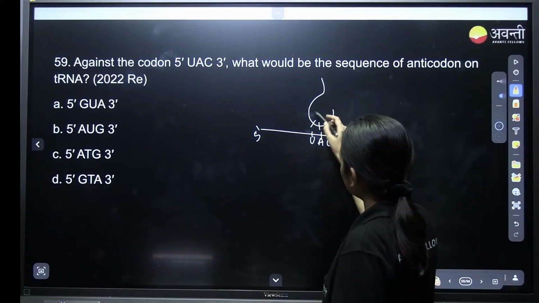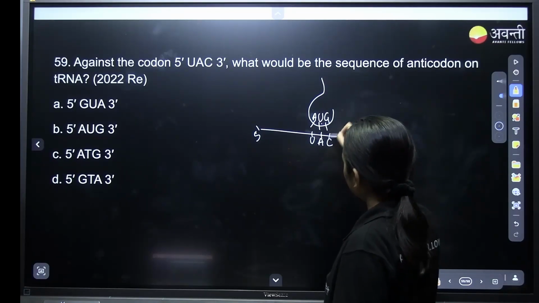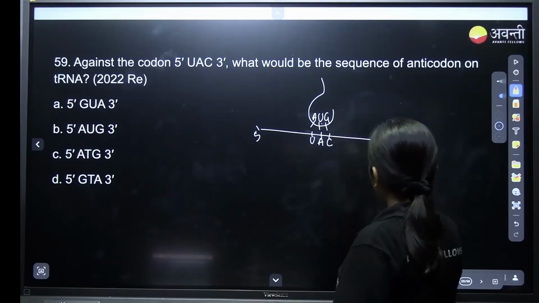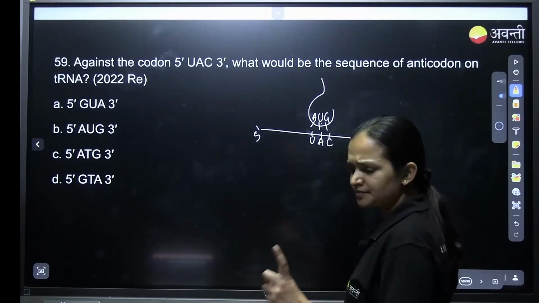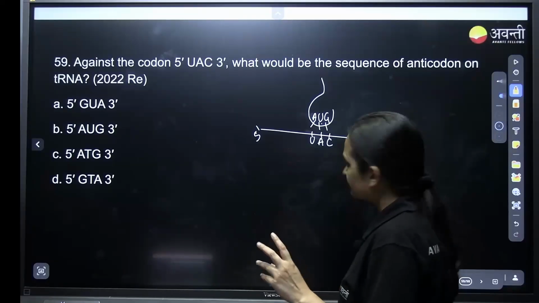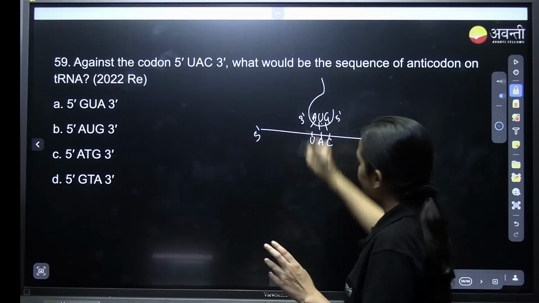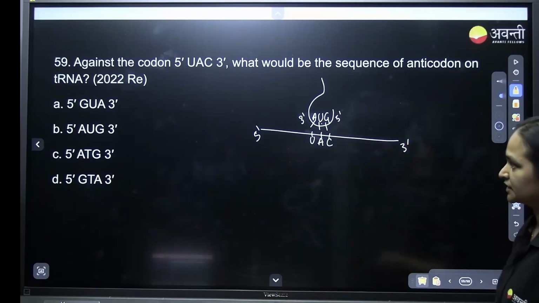It will be complementary, ये A के जगह U, C के जगह G होगा. Understanding? Which means अगर ये 5' to 3' है, now tell me. So this is 5' to 3'. Tell me the answer.